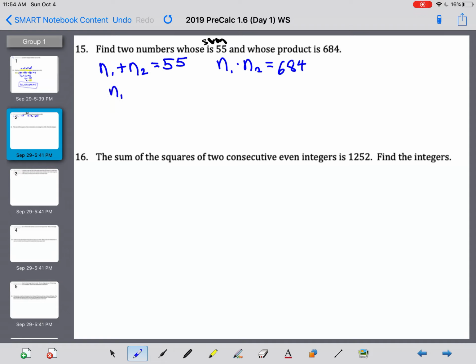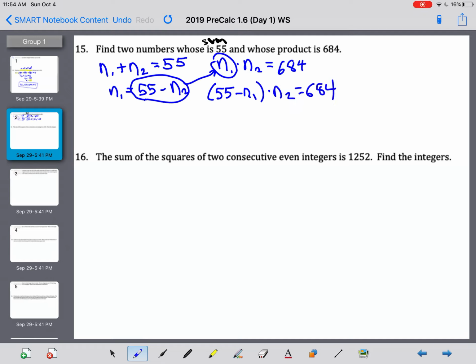I'm going to subtract n sub 2 over, and then take this and plug it into here. So I get parentheses 55 minus n sub 2, times n sub 2, equals 684.